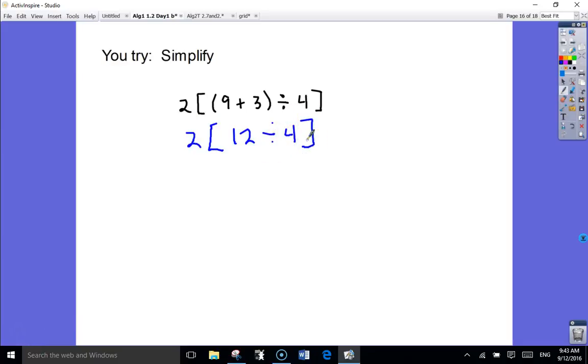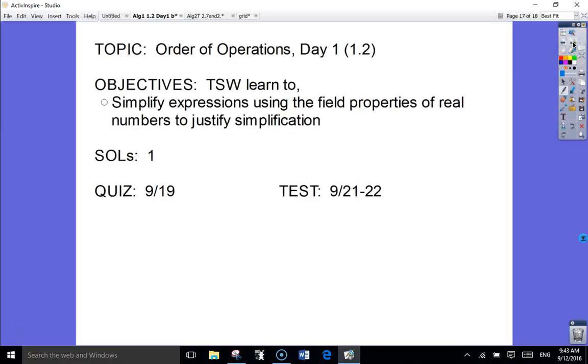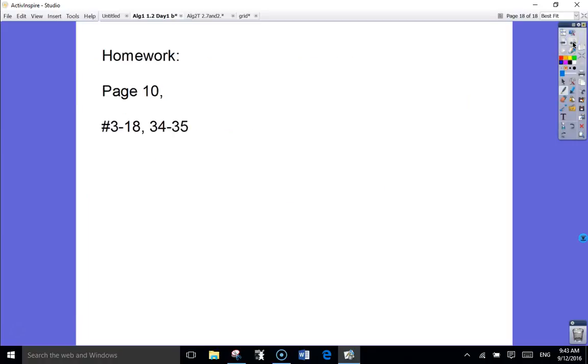Okay, so why wouldn't I do 2 times 12 first? Because don't you do multiplications and divisions left to right? It's in the grouping symbol. So you've got to do the 12 divided by 4 first. What is 12 divided by 4? 3, which makes 6. That's it. So we have mastered order of operations. That's the homework. And you are done.